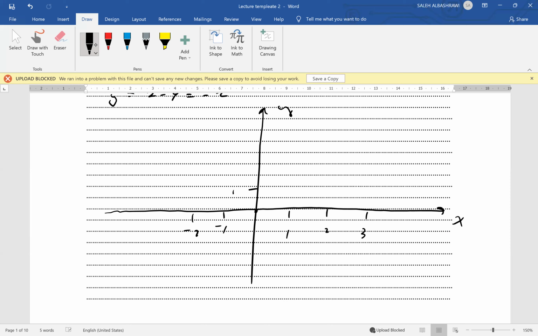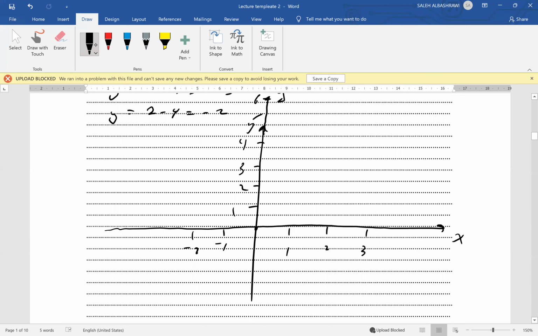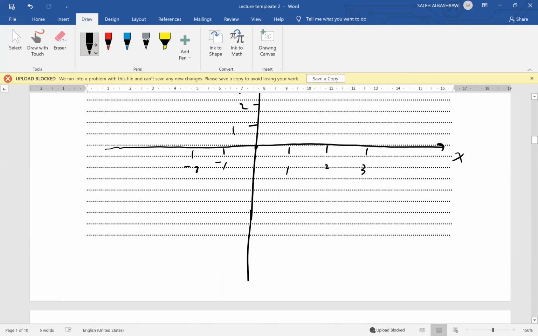For x, 1, 2, 3, 4, 5, and one more, that will be 6. Down, minus 1, minus 2, minus 3, minus 4, minus 5, and minus 6.